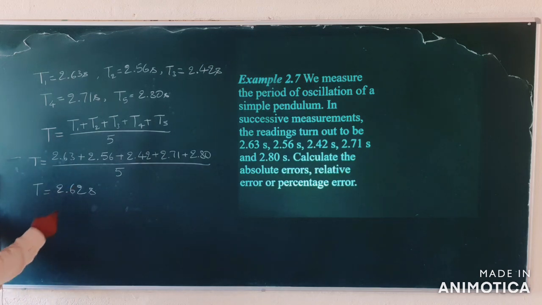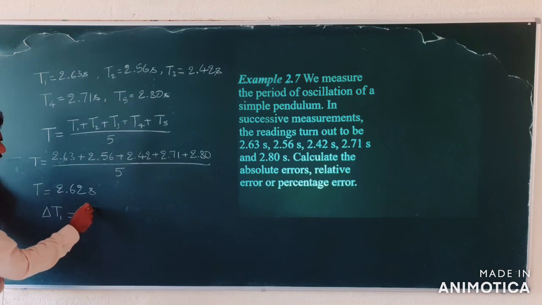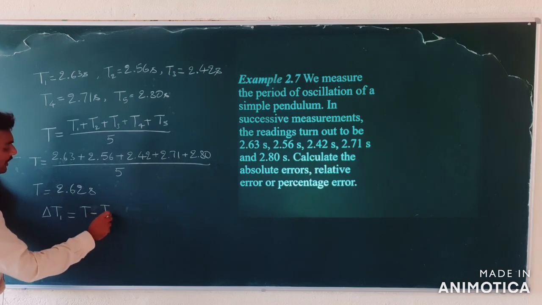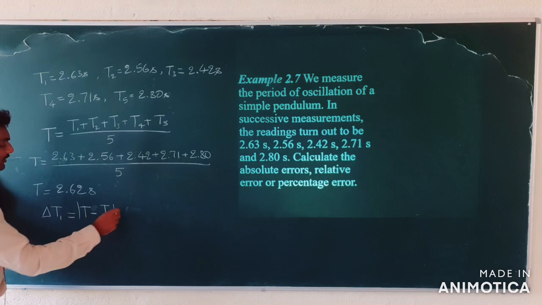Now it's about getting the errors of each measurement. So what is the error in the first measurement? The error of the first measurement shall be taken as delta T1, which is equal to the true value minus the measured value. It's the magnitude of that which matters.